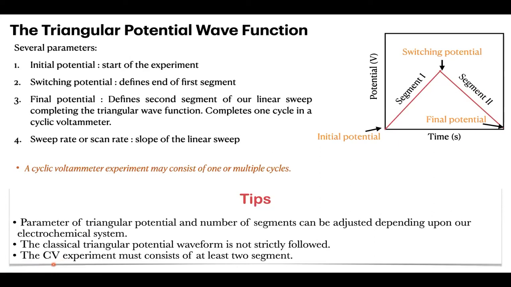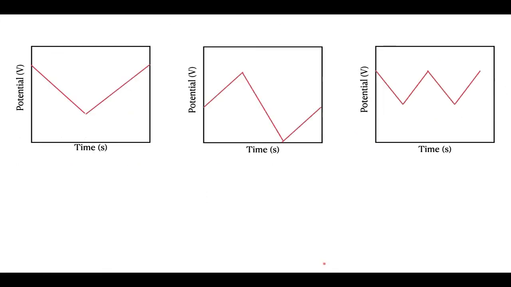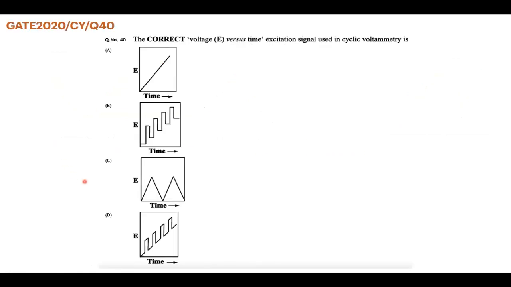The cyclic voltammetric experiment must consist of at least two segments. These are three different forms of potentials that we can use in our CV, other than the classical triangular form.